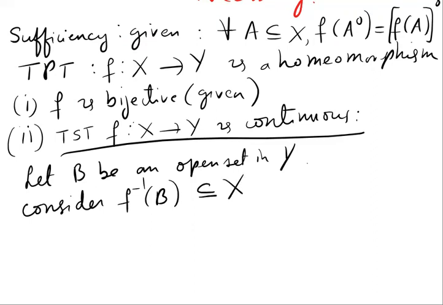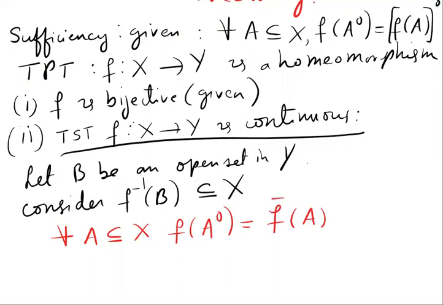And what have they given? For all subsets A of X, F of A interior is equal to F of A whole interior. What do we do?